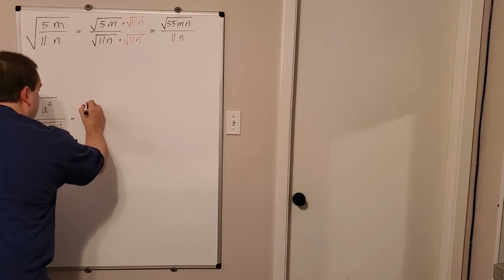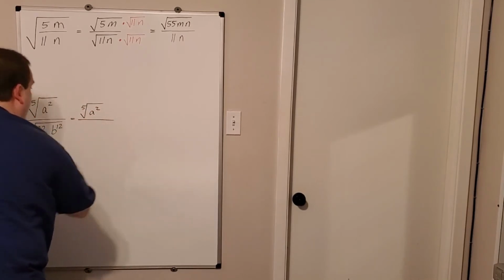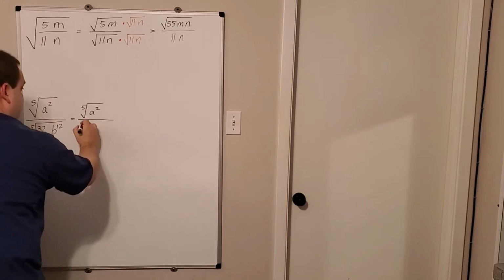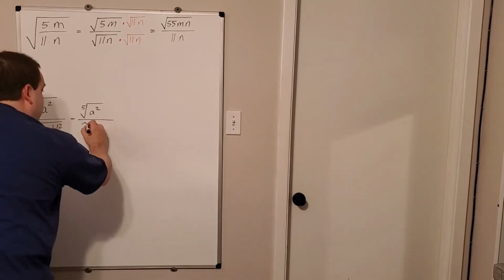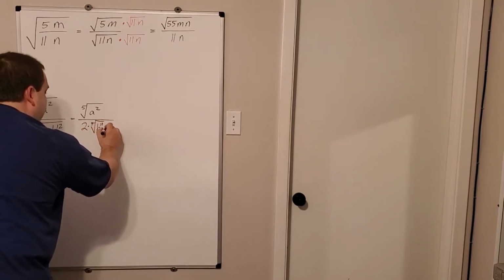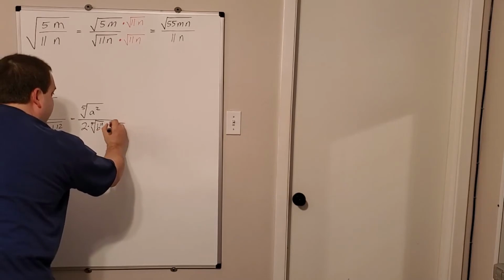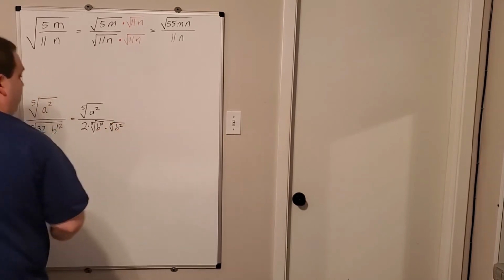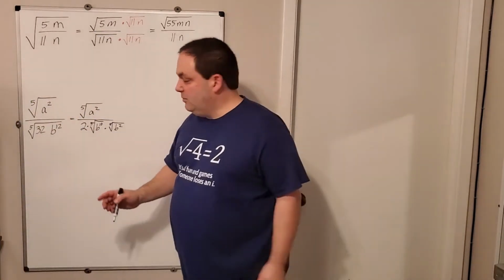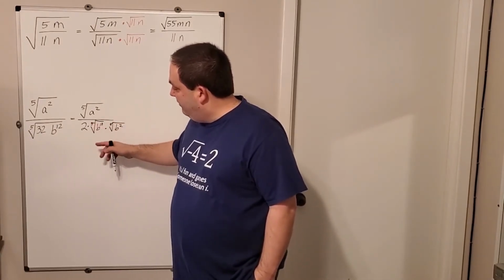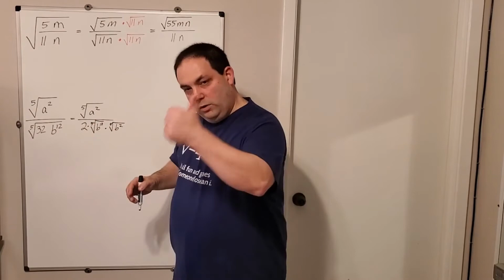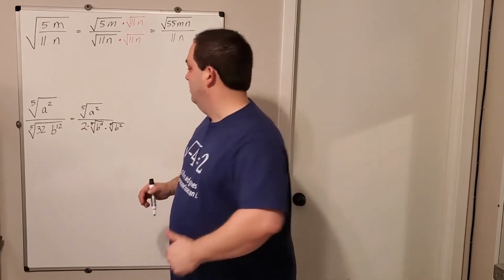I've got 5th root of a squared, and in the bottom, 5th root of 32 is just 2. And the b to the 12, I'm going to split that into 5th root of b to the 10 and 5th root of b squared. And remember, the reason is because I'm picking a number just less than 12 that will divide by 5. 10 divided by 5 will work perfectly for me.